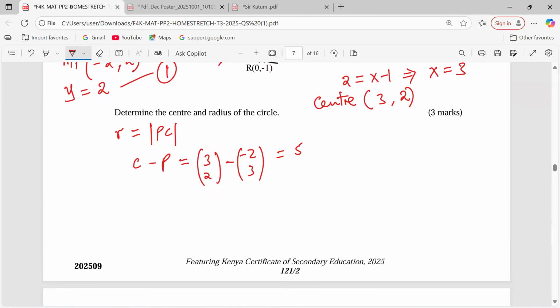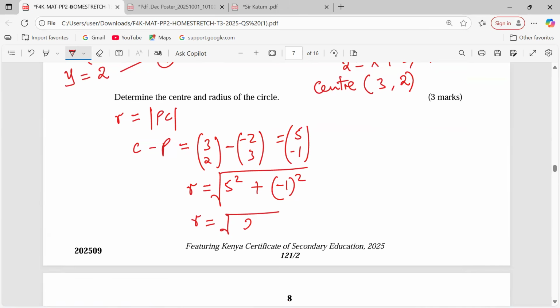So this is 5, negative 1. So the radius shall be the square root of 5 squared plus negative 1 also squared. So r shall be the square root of 26. If you're given a number of decimal places, significant figures, or any other specified accuracy, the radius shall be 5.099.